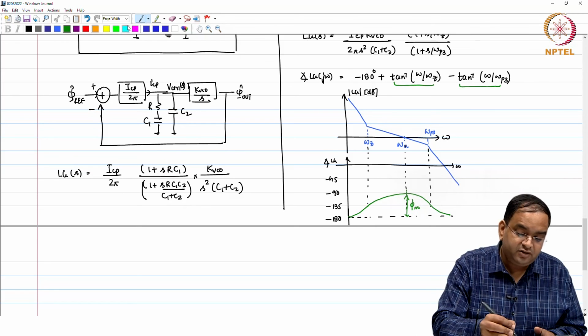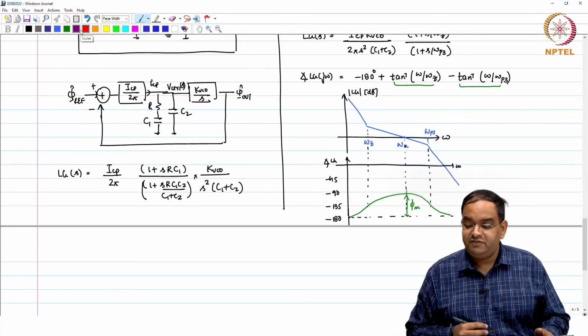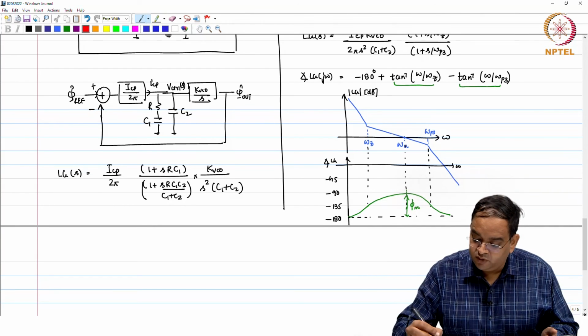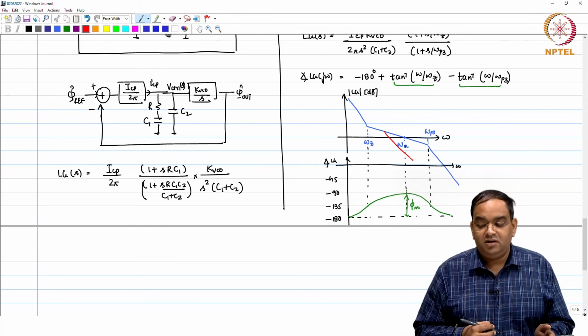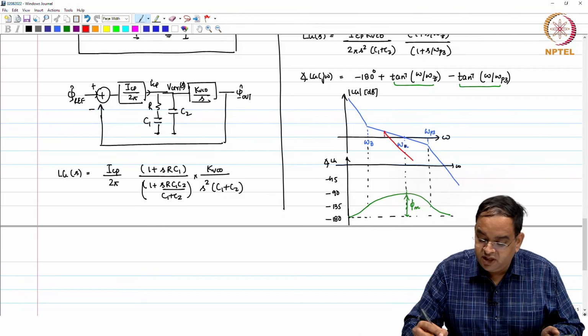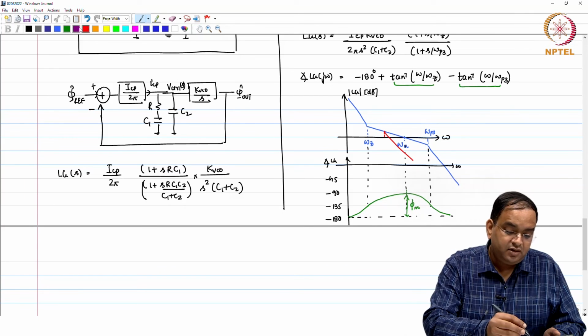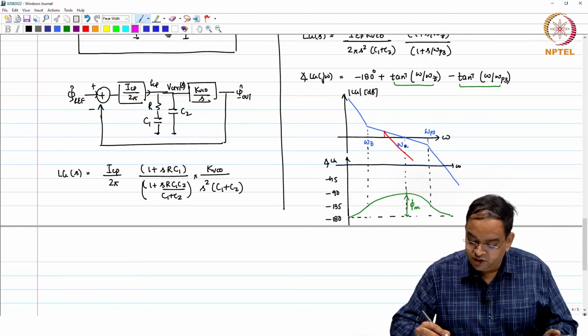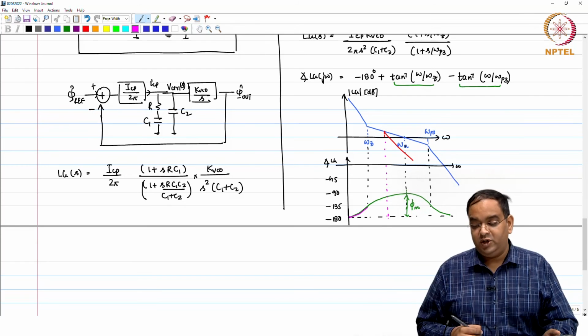Now, in place of the omega p3 location which we have seen, if it happens that omega p3 comes here, because you increase C2, so omega p3 can change its location. If omega p3 comes here, right, then what you see is that you will surely have minus 135 degree, and then you have another pole.